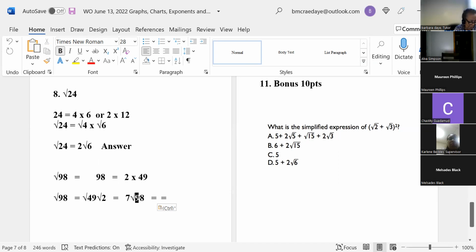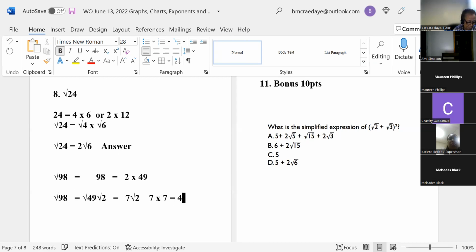And that's your answer. Square root of 49 is 7. 7 times 7 is 49. A number times itself gives 49.